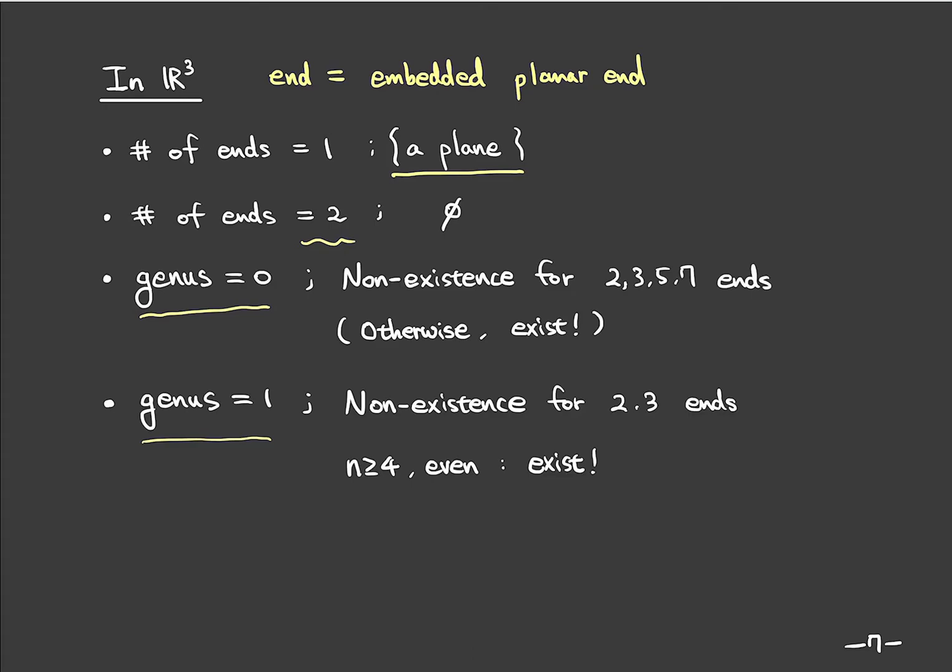In this lecture, we are mainly interested in the non-existence of a low number of ends, so it would be nice to remember this non-existence result for 2 and 3 ends.